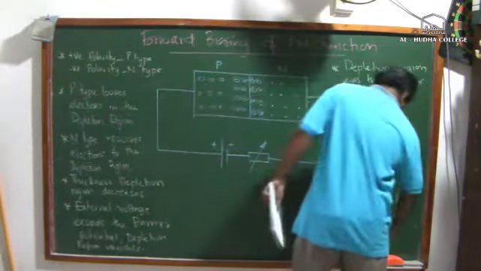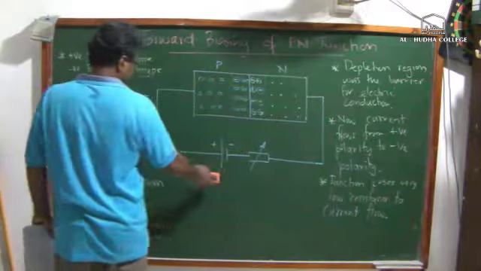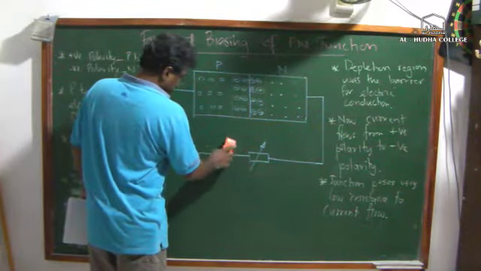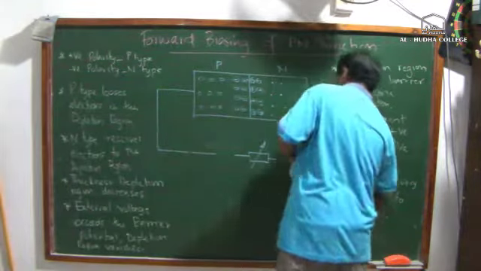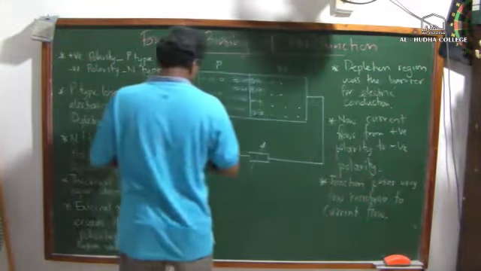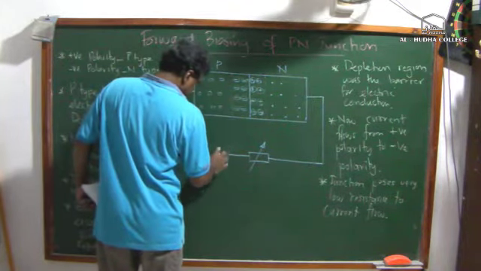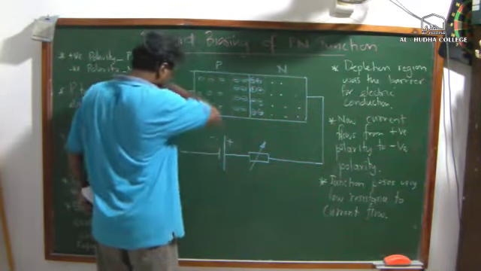Now let's see what happens when you reverse this battery. When you reverse this battery, the negative polarity of the battery is connected to P-type, and the positive polarity is connected to N-type.